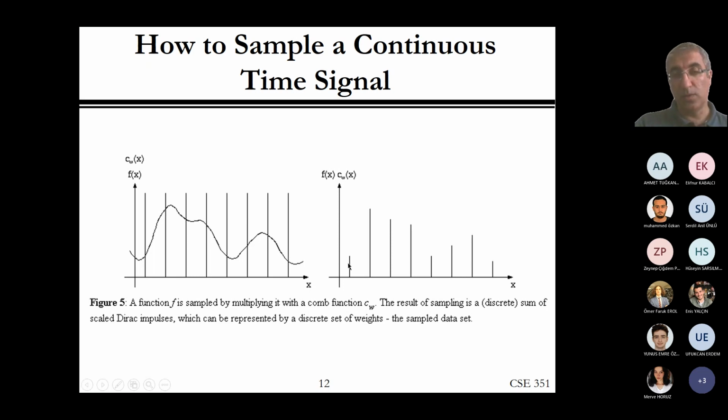In this case, 1, 2, 3, 4, 5, 6, 7, 8. So I collect only 8 values from this continuous time signal. If I follow the Nyquist rate, I may be able to reconstruct this original shape, original information at the receiver side.